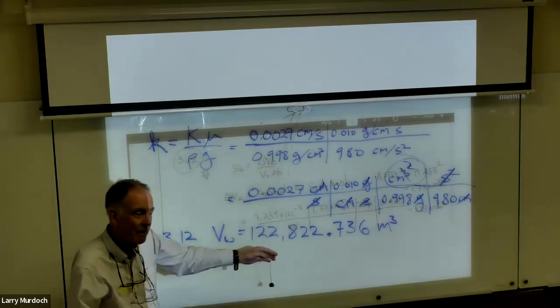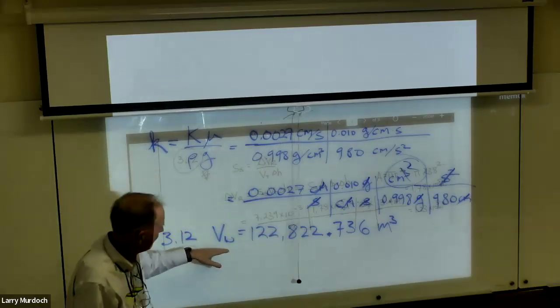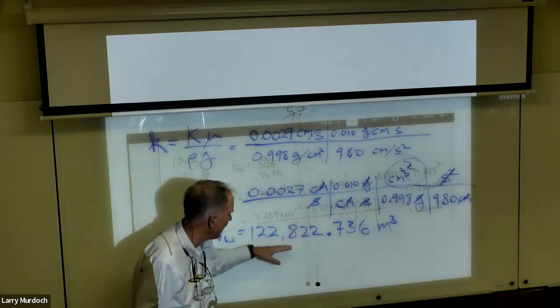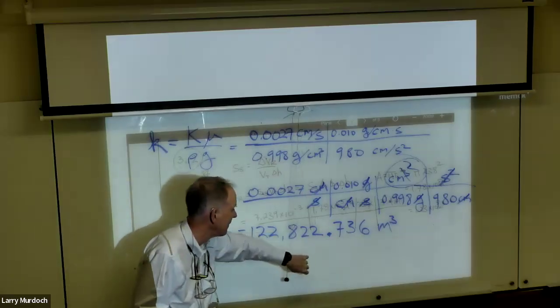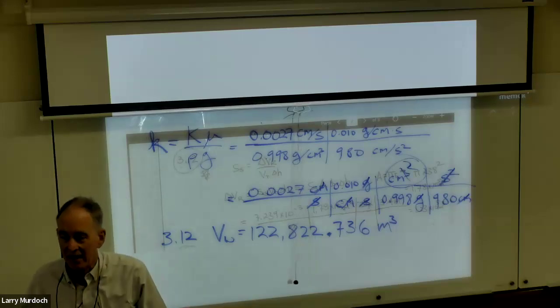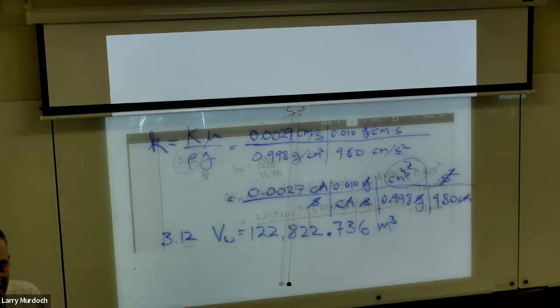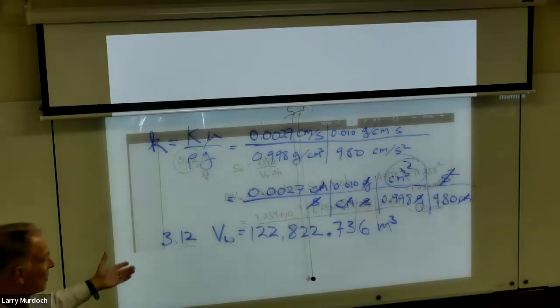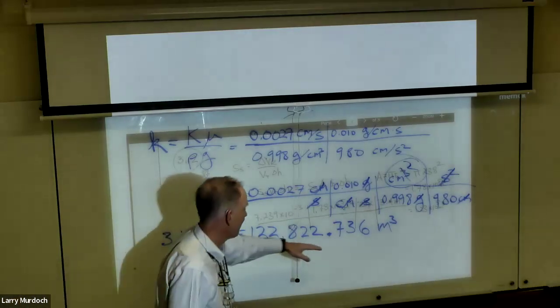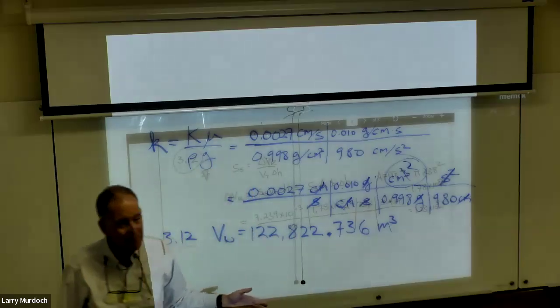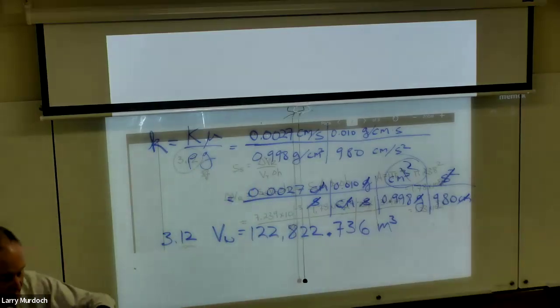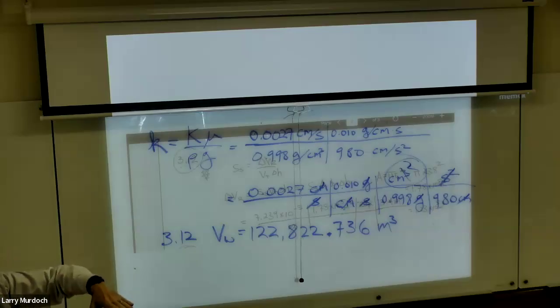I think what people think is that when they give results like this to a whole bunch of significant figures, it's more accurate or something like that. And it has more significant figures, but there's no way you could know this. If you just think about it, you're doing a calculation where the water level is like here or here, somewhere in here, and you're telling me that you know it to the nearest liter.